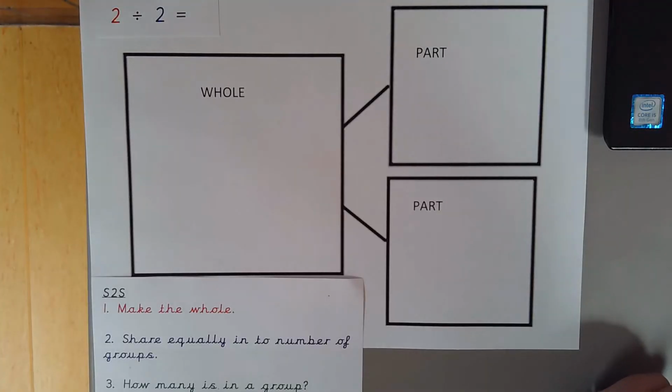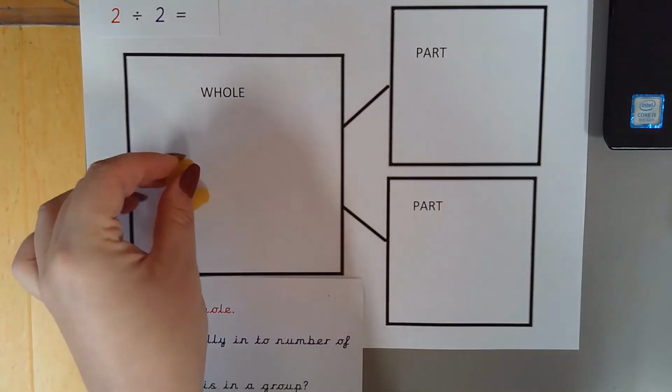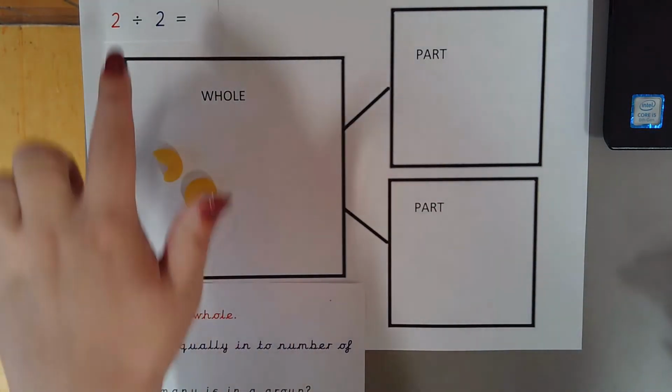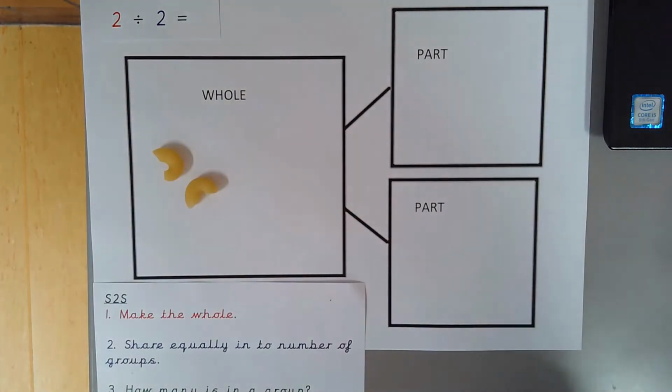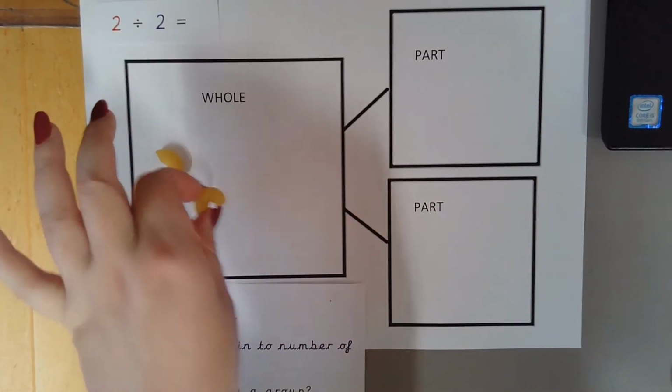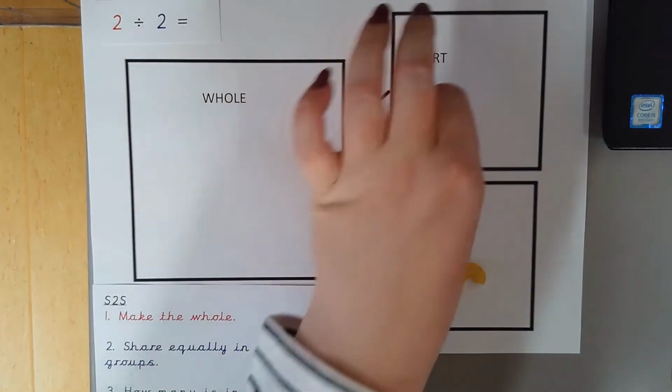Okay, I'm going to model this question for you. 2 divided by 2. Step 1, make the whole. And I know my whole is the first number, and I need 2. So I'm going to use my pasta. Next step, divide into 2 groups. And I know I have to divide equally, so I can't give them both to one part. I have to share them equally. If I'm going to share them equally, I need to move 1 into here and 1 into here.